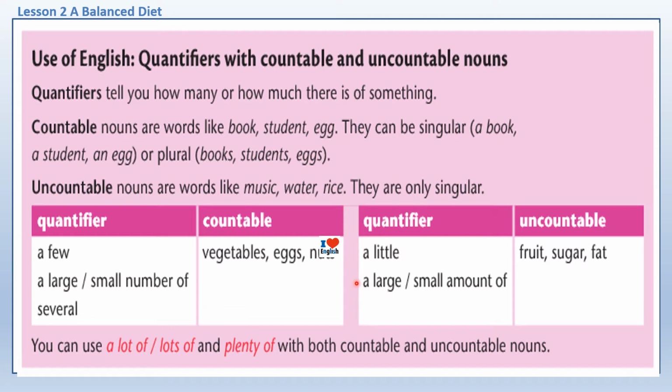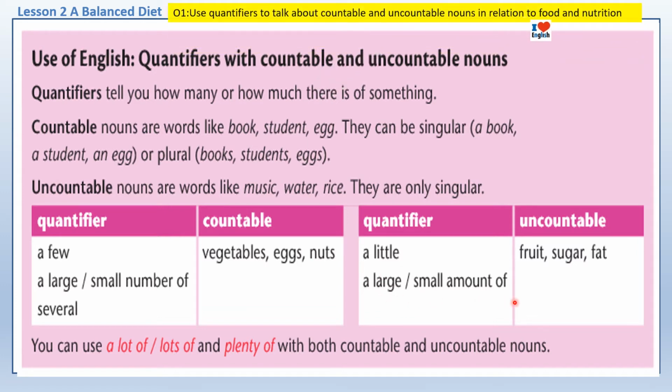And also we have some quantifiers that can be used only with uncountable nouns: a little, a large or a small amount of. We can say a little fruit, a large amount of sugar, or a small amount of fat.